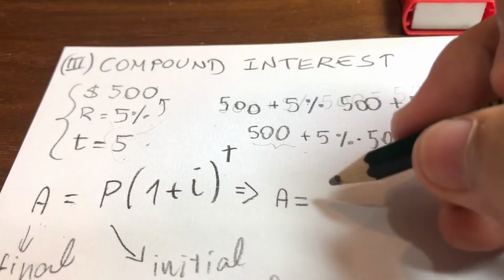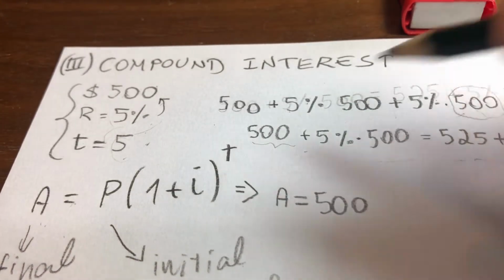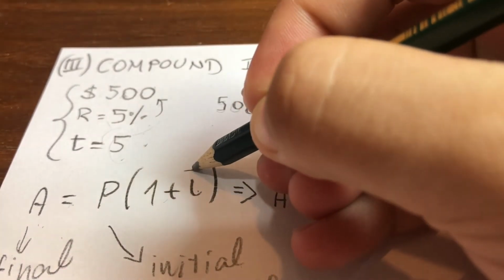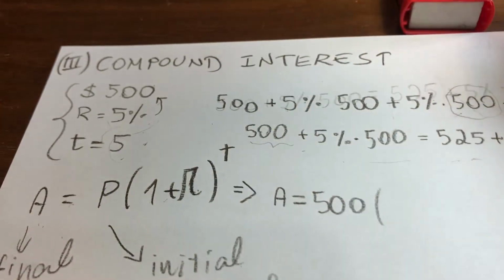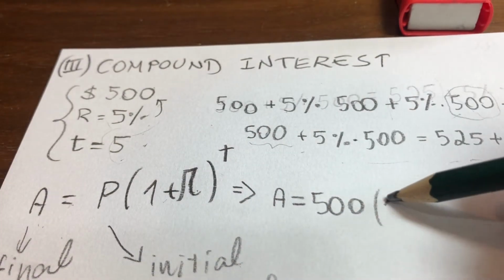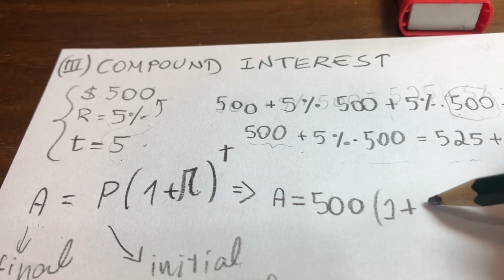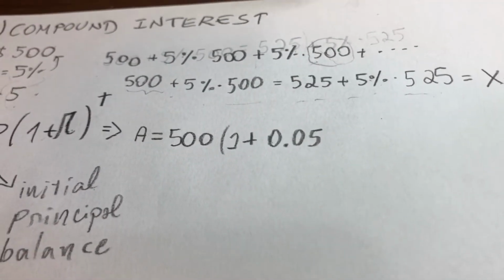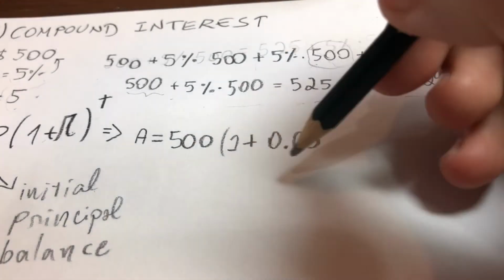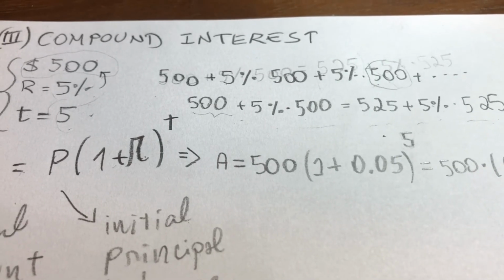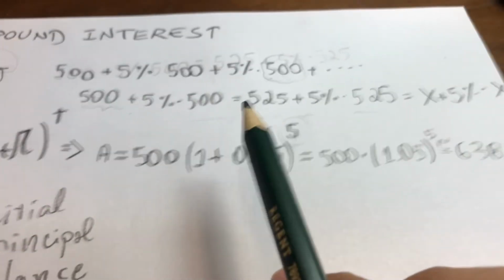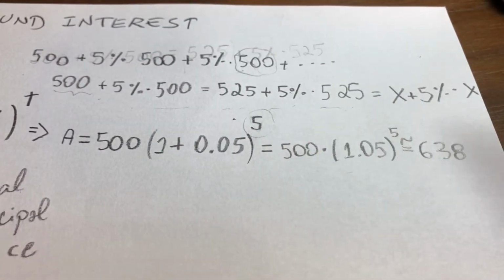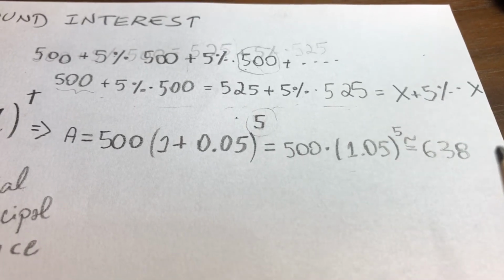I took a loan of $500, multiplying 1 plus, sorry guys, this is R, the rate, 1 plus my rate, 0.05, that is equal to 5%, raised to 5, this is equal to this, which gives us approximately $638.